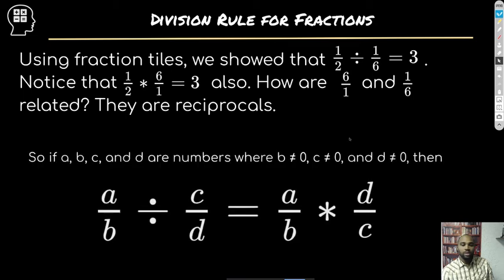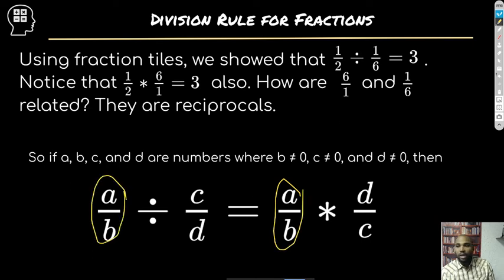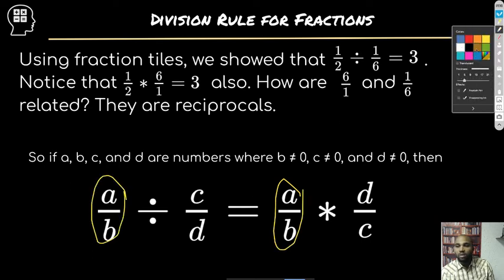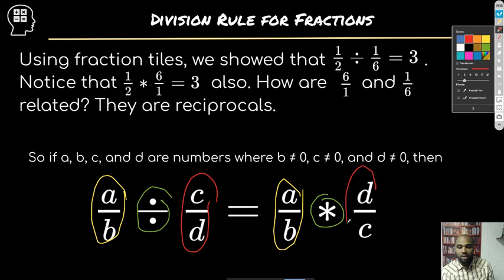Why is that important? Because in understanding the division rule, we actually need to use a reciprocal. So let's look at this. Anytime you have A over B divided by C over D, so any two fractions divided, how are we going to handle that? We keep the first one just the same as it is, then change the division sign into a multiplication sign, and then reciprocate the last fraction.